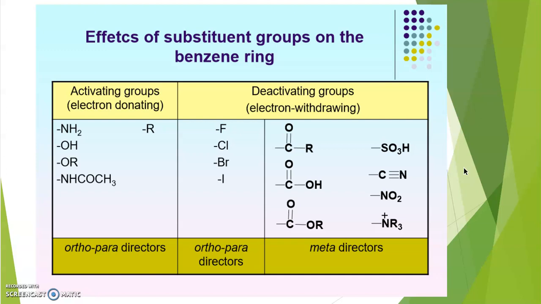So methyl adalah activating group, diklasifikasi sebagai R. R ni adalah untuk alkyl group. NH2, OH, OR, NHCOR, OCH3 adalah position akan hasilkan dua produk, ortho para director. If let's say any halogen nak masuk pun sama, dia akan masuk ortho para director. So you have satu ortho punya structure plus dengan para punya compounds structure.